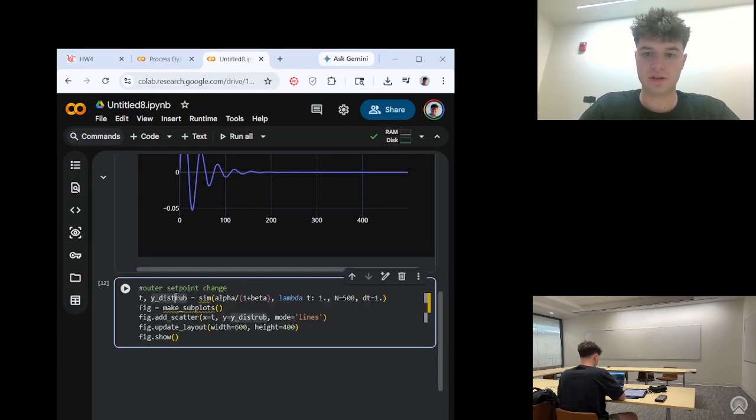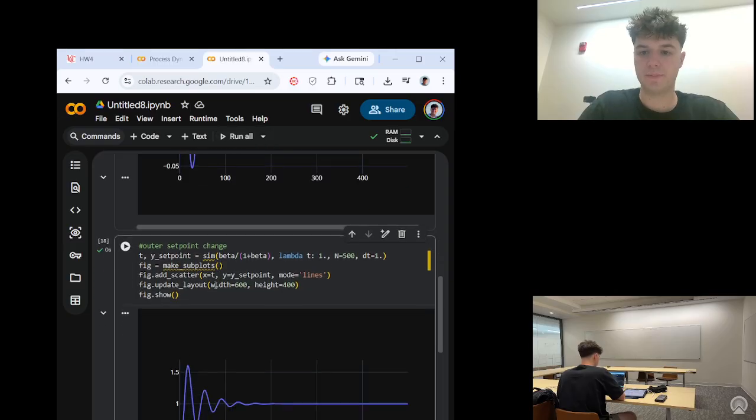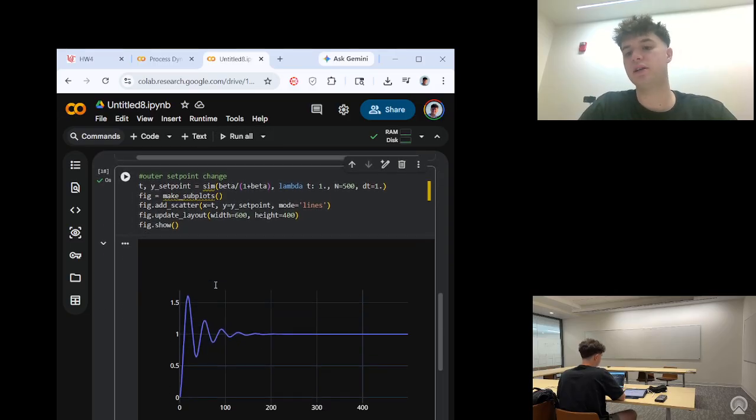So we want y, but this is going to be equal to set point. Our simulation is no longer alpha. It's beta divided by 1 plus beta. Those are going to be the same. We want to make our subplots, except this time it's going to be y set point. Mode lines with the same thing. So we're going to run all, and we get a slightly different equation.